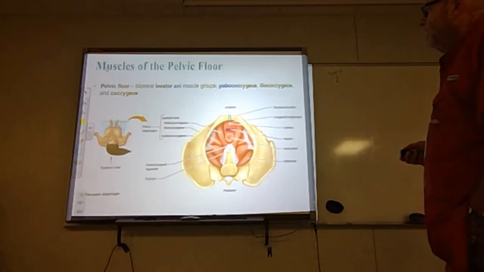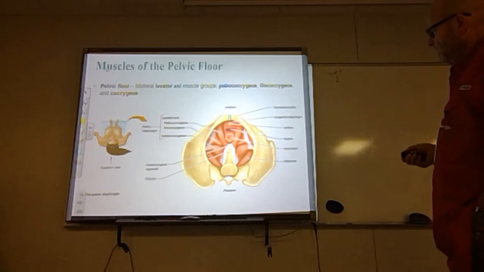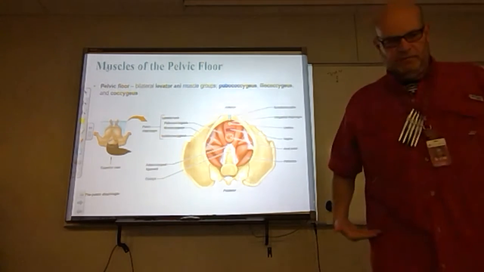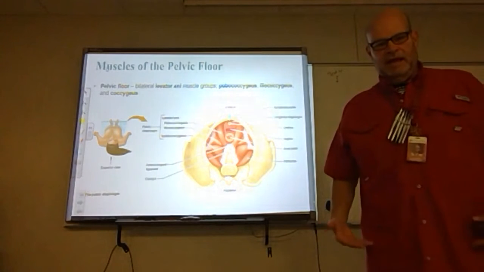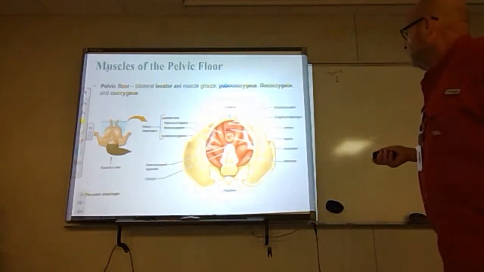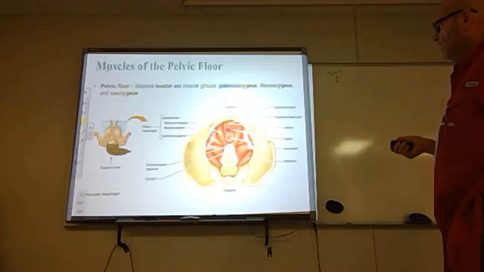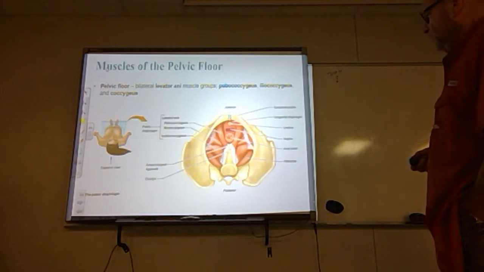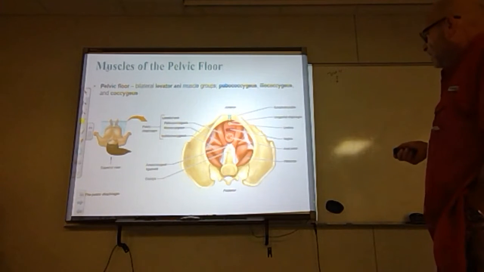Here is a pelvic floor muscle. Again, there's the posterior, the anterior, and we are looking down on this portion of the body as if aliens came and cut me in half and we're looking down at my body. There is again the symphysis pubis, holding those bones together. We talked about that. We talked about the os coxae bone.